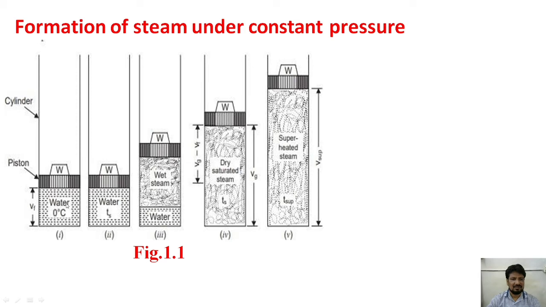In the second figure, it is water at the saturation temperature. Now you have to start heating the cylinder. You are transferring heat to the cylinder up to the boiling point.